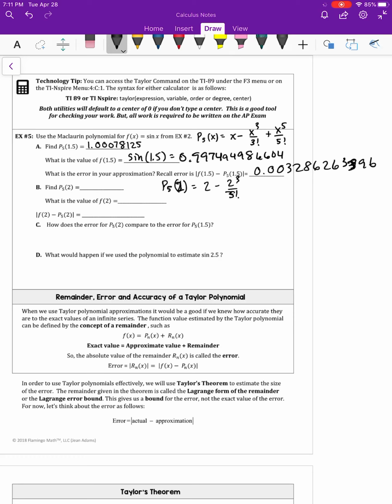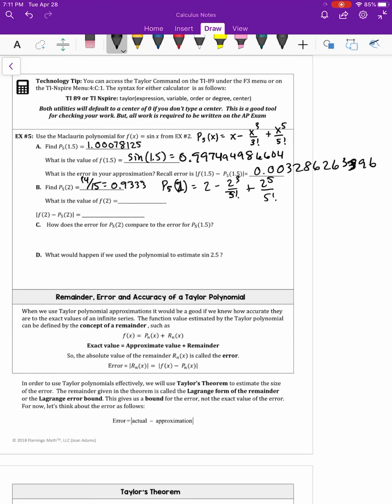And you're going to put that in: 2 minus 2 cubed over 3 factorial plus 2 to the 5th over 5 factorial. And you should get here 14/15, 0.9333, and it keeps going.